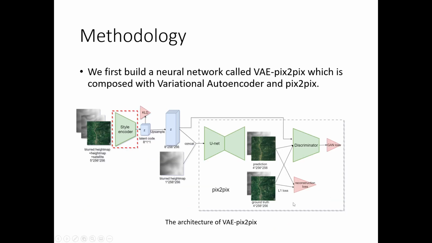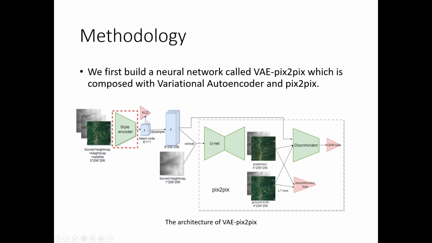So let's talk about our methodology. We first built a neural network called VAE-pix2pix, which is composed of the variational autoencoder and pix2pix. This is our variational autoencoder, this one.